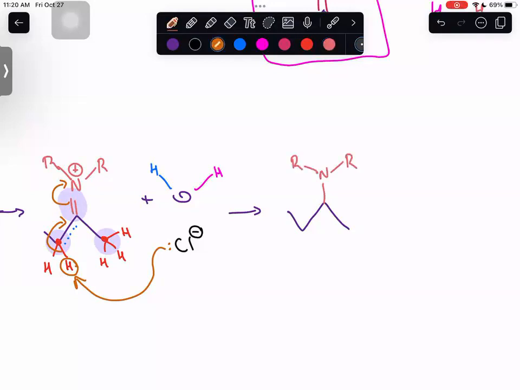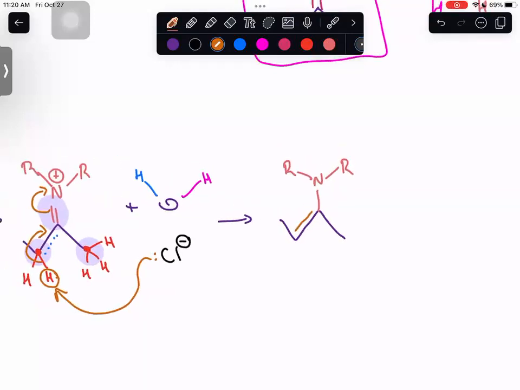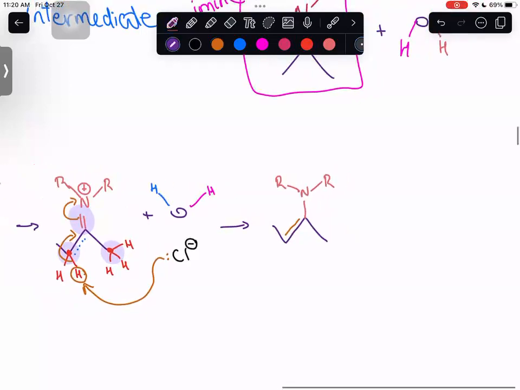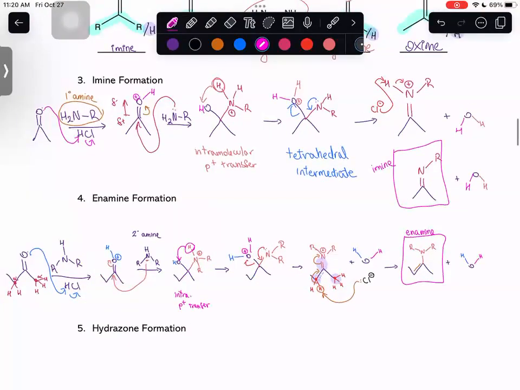Awesome. And there you guys go. Okay, questions on the mechanism? This is the only one that's going to look slightly different than the rest of them.